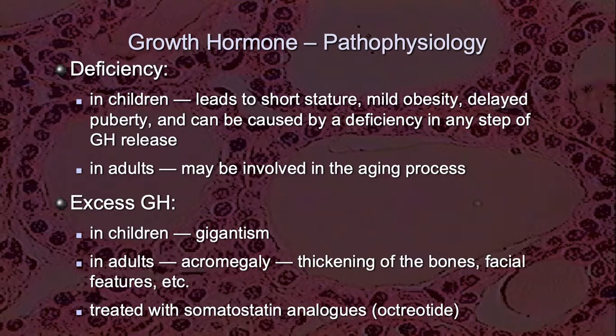So the problem comes in when this happens in a lifetime. So if the deficiency or excess happens during childhood, it's going to cause certain effects. And if the deficiency or excess happens in adulthood, it's going to cause different effects. Because what happens to your skeleton when you become an adult?